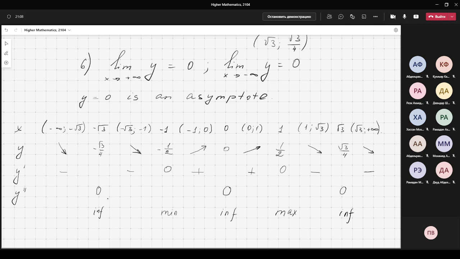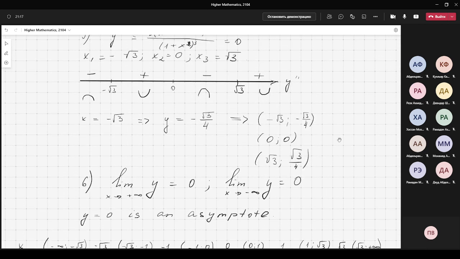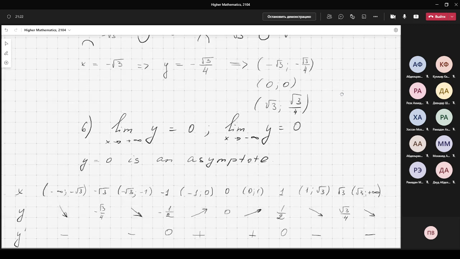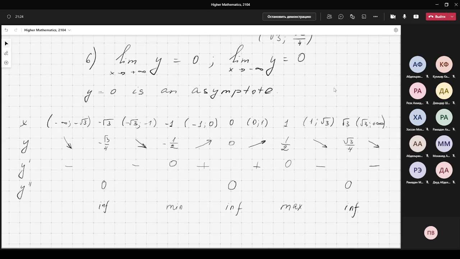Then the second derivative from minus infinity to minus square root of 3 has a negative sign, and our curve in this case is convex.